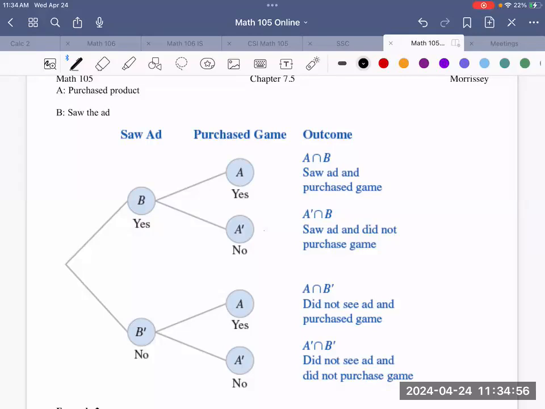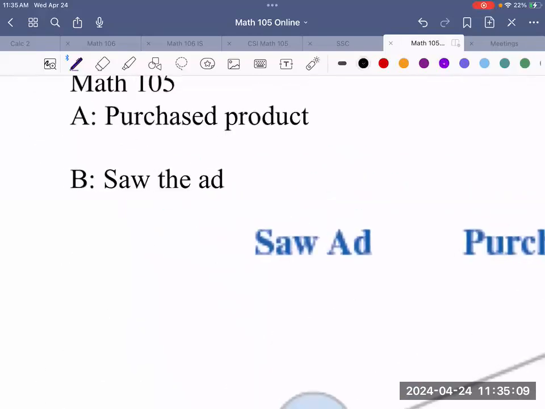So it says A is going to be a purchase product, and B is going to be that you saw the ad, right? So you saw the ad first and then you purchased the product. So in this case, B is going to be that catalyst. It's going to be what happened first.